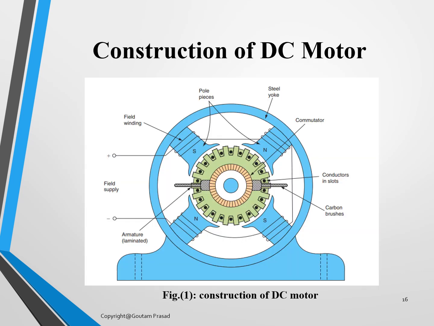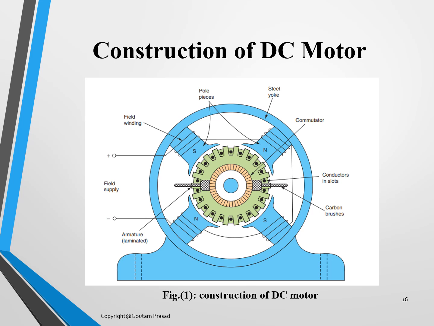Now here the construction of the DC motor has been shown in the picture. You can see a number of poles projecting from the stator, and there is a rotor placed in the center, and the brushes are also there resting on the commutator. You have poles, and you also have the pole winding.